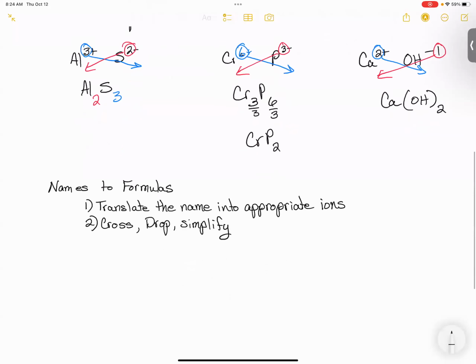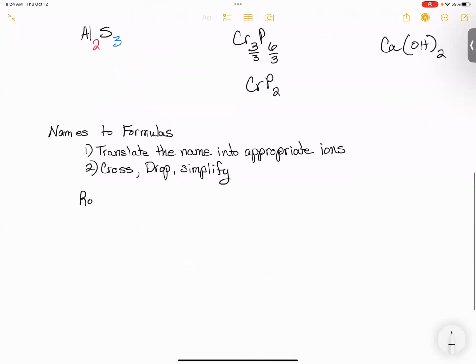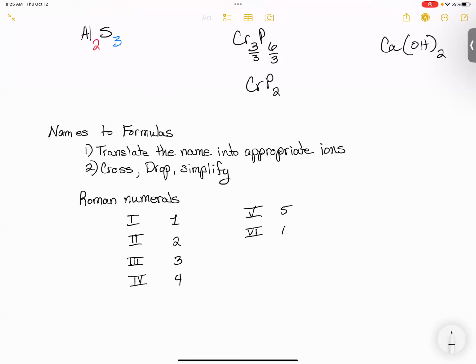So just a quick reminder of Roman numerals. I is 1, II is 2, III is 3, IV is 4, V is 5, VI is 6, VII is 7. And I won't go past 7.